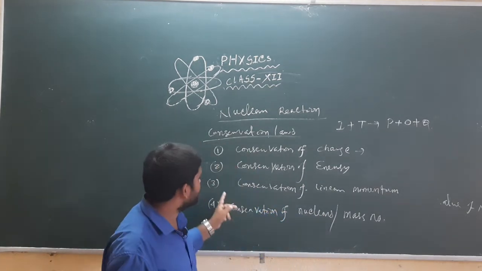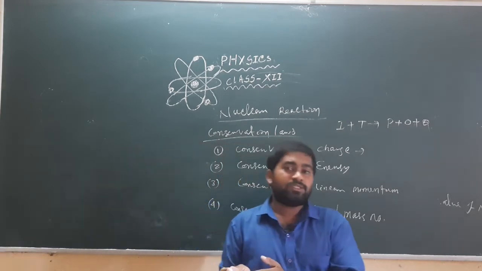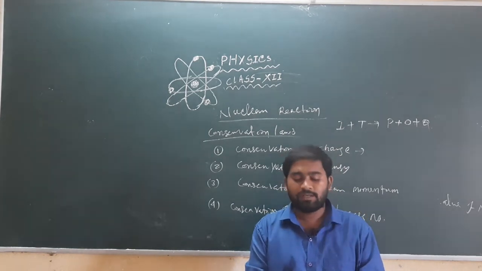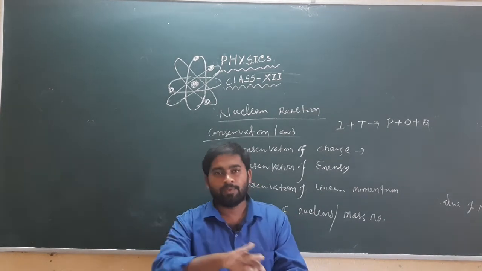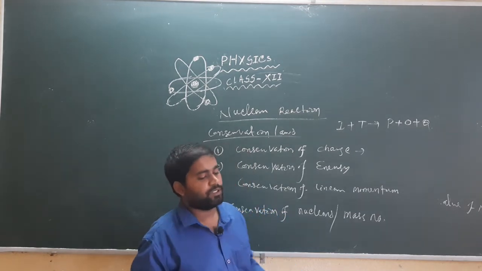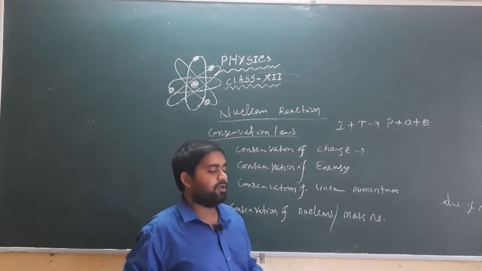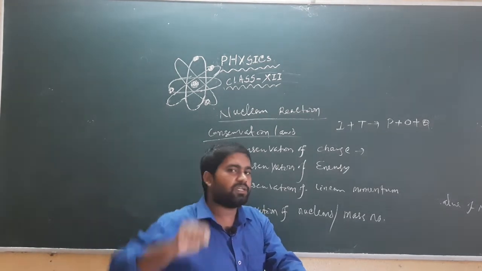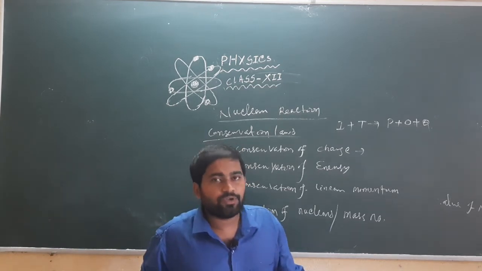So that is the conservation of energy: energy before reaction must be equal to energy after reaction. Third, conservation of linear momentum. The momentum before the nuclear reaction must be equal to the momentum after the reaction.